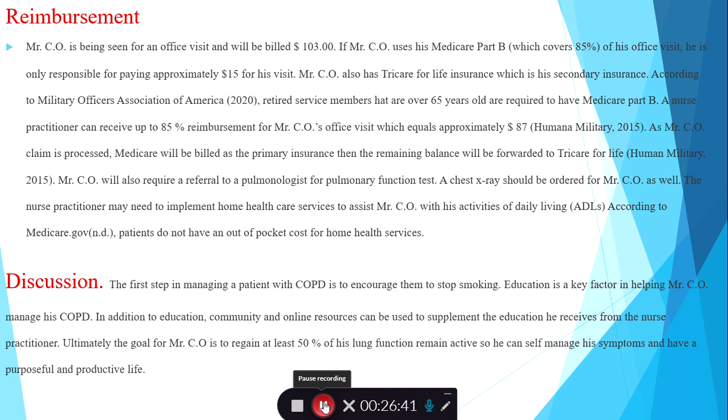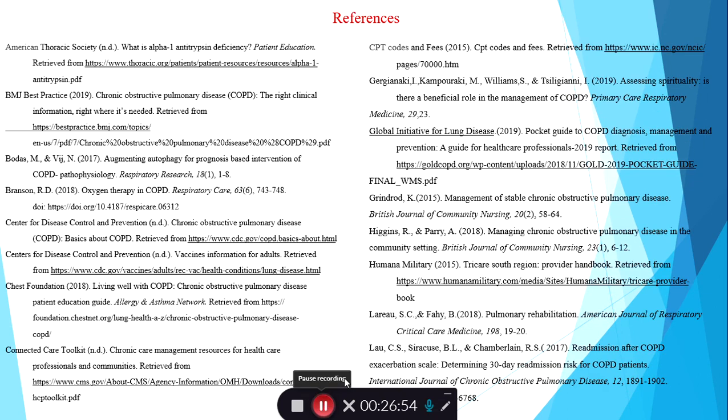The ultimate goal for Mr. CO is to regain at least 50% of his lung function and remain active so that he can self-manage his symptoms and have a purposeful and productive life. In these next slides, these are my references.